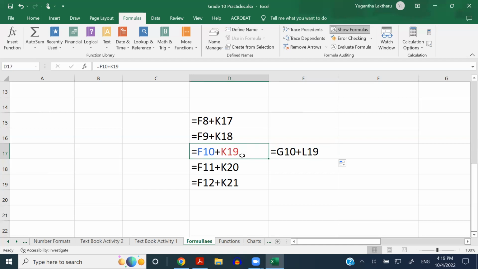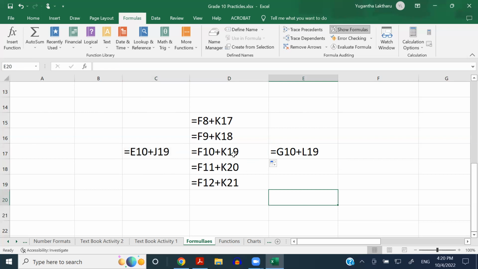So that means when you are copying to your right in the same row, column headers are supposed to increase. And the exact opposite is going to happen when you are copying to your left. It will decrease by 1. Before F, there is E. Before K, there is J. So when we are copying to your left, it's going to be E10 plus J19.